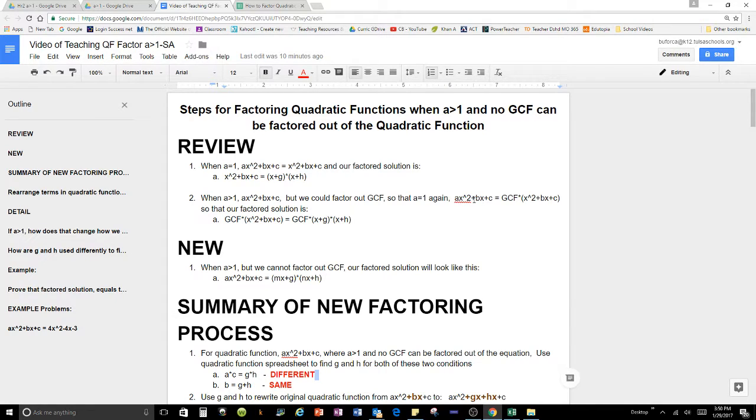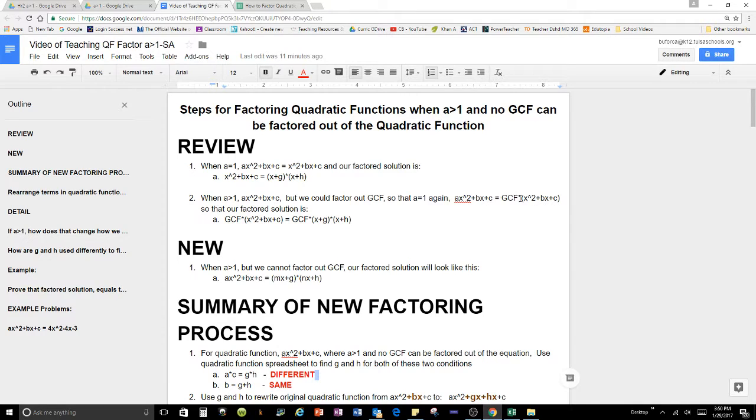And remember, we said how we do that is whatever number was in front of x squared, if we took that number, which might be a here, and divided it by each of the numbers in this term, if it could divide evenly into each of these terms, then we could pull that GCF out, and it would leave us with a 1 in front of x squared, and then we would have bx plus c.